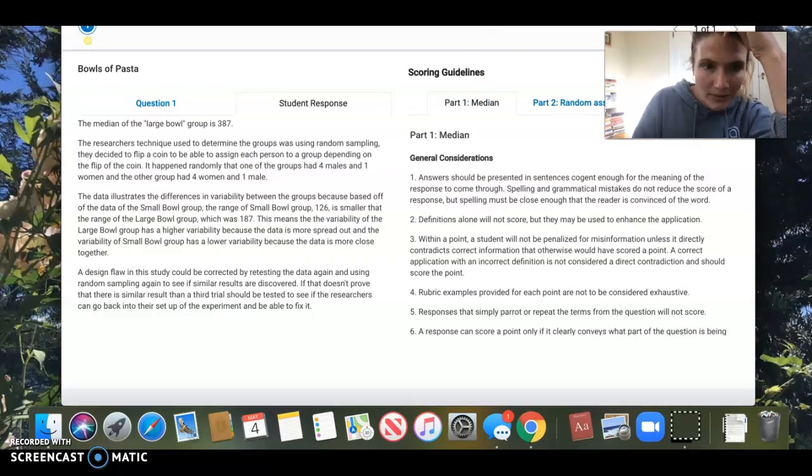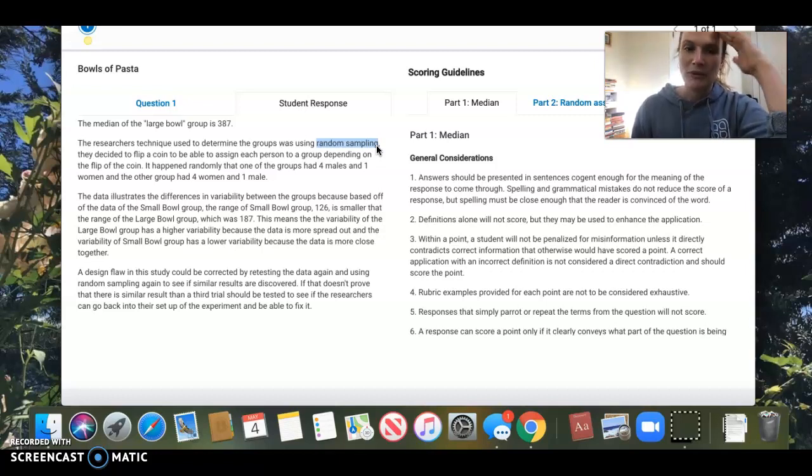Probably the most common mistake I saw here was in the student response. They said random sampling. So some of you said random sampling or random selection. That's a little bit different. Random selection is like if I want to study how people eat in this experiment.